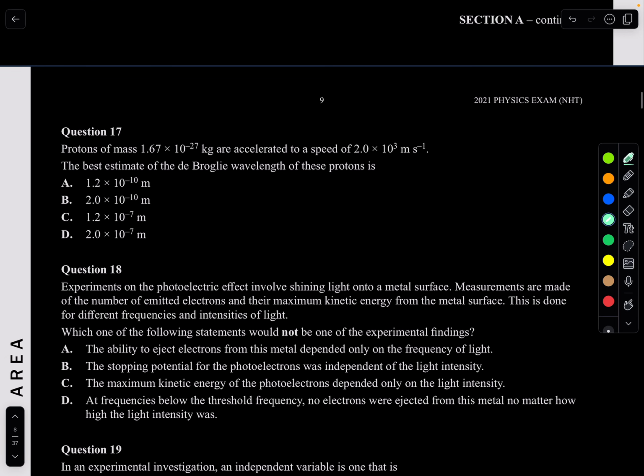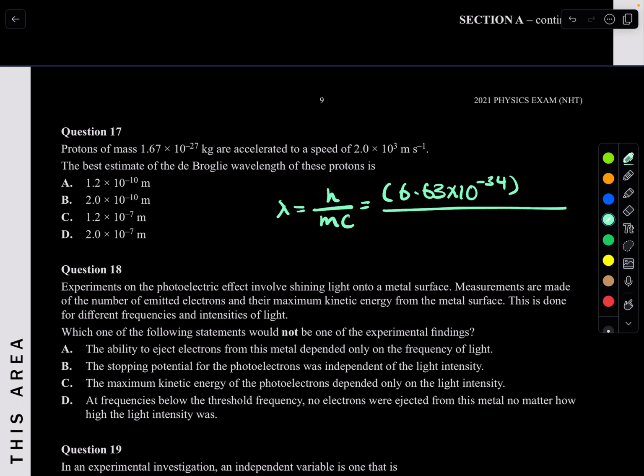17. Protons of mass 1.6 blah blah blah are accelerated to a speed of this. The best estimate of the de Broglie wavelength of these protons is what? A nice question. We know that de Broglie is h over mv. Putting this into our formula, h is 6.63 times 10 to the power of negative 34, all over the mass of the proton, which is 1.67 times 10 to the power of negative 27, and the speed, which is 2.0 times 10 to the power of 3.